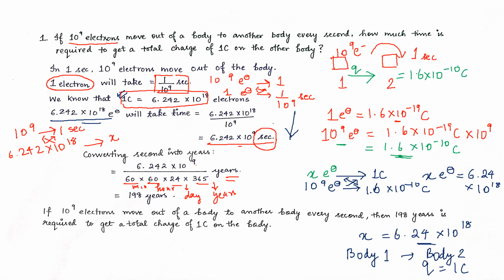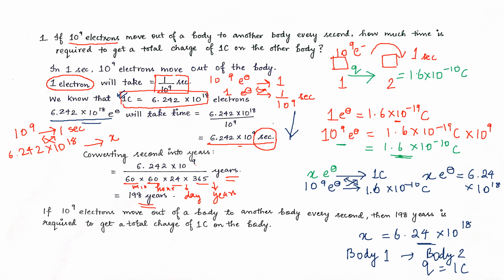After calculating this, we find the answer comes to around 198 years. So in order to get a charge of 1 coulomb on body number 2, we need approximately 198 years.